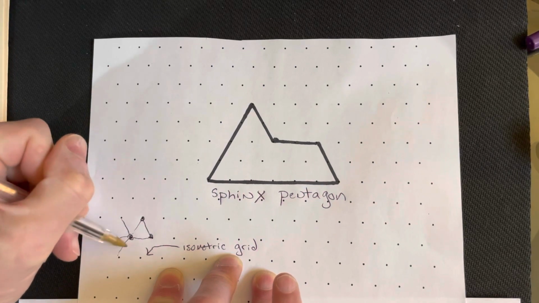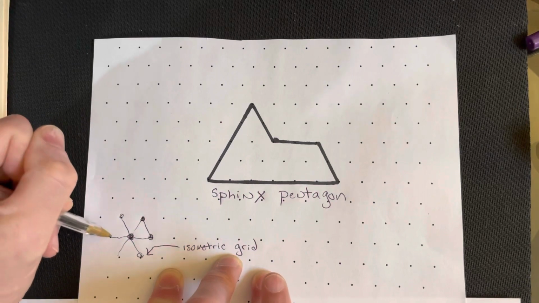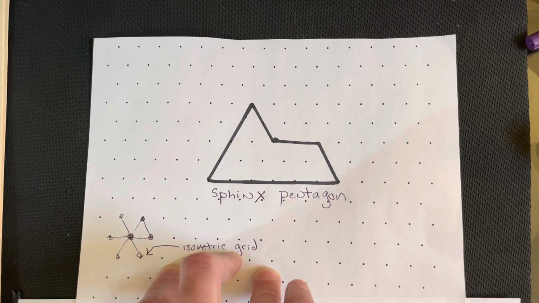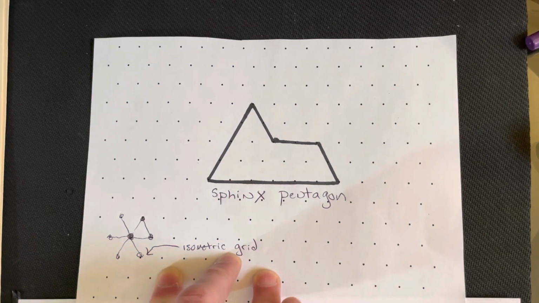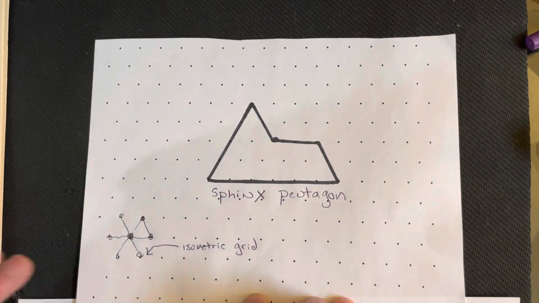If I'm starting with the center point, all of the points that surround it are all the same distance from the original one. So you can think of it as a grid of equilateral triangles versus a grid of squares. But it's nice for a lot of illustrations and that kind of thing.